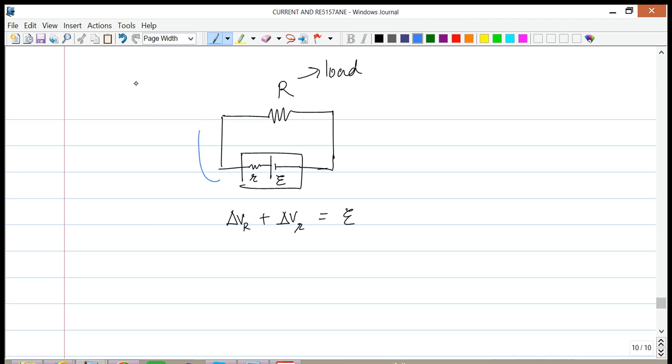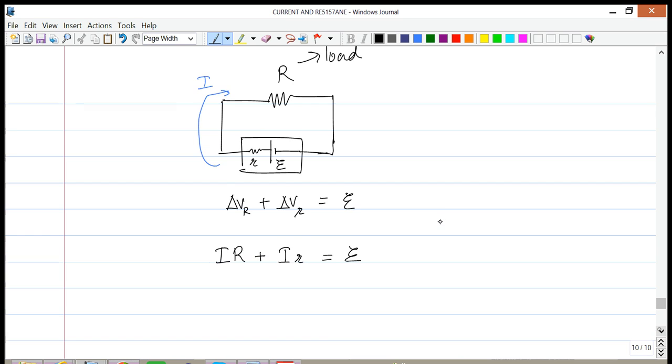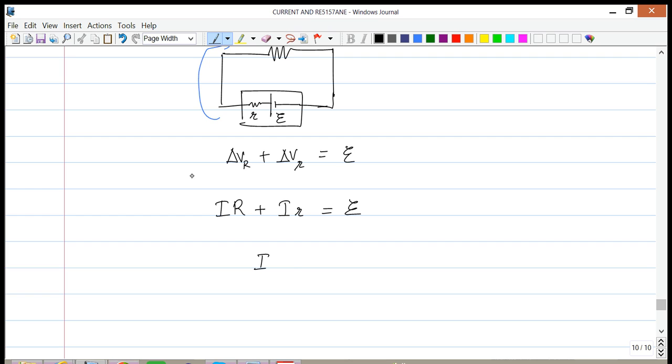In this case some current I flows through the circuit. According to Ohm's law, I times capital R plus I times lowercase r is equal to the EMF, and this gives me the current as E divided by R plus lowercase r. So this is the current that flows.